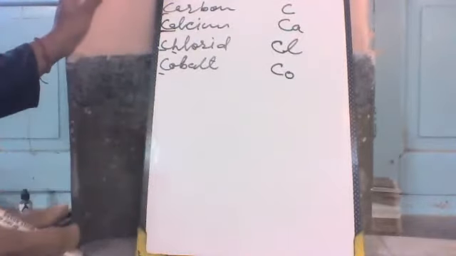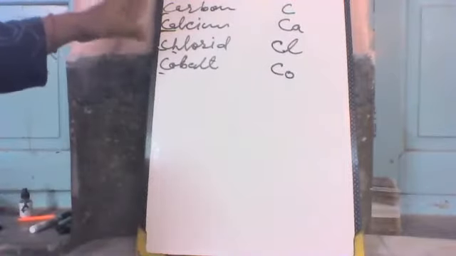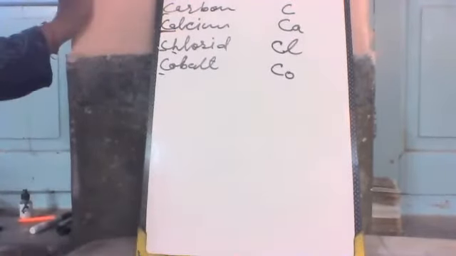But in some cases, symbols are taken from the Latin names of elements. We are seeing some examples like sodium, potassium, iron, copper, silver, mercury, etc. The symbol for sodium is Na.